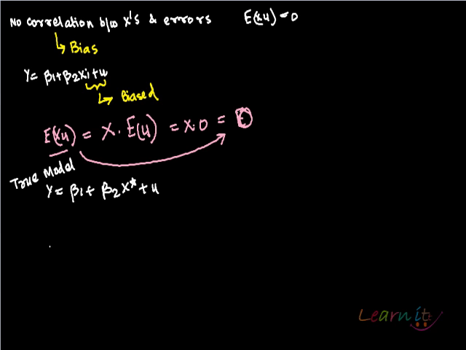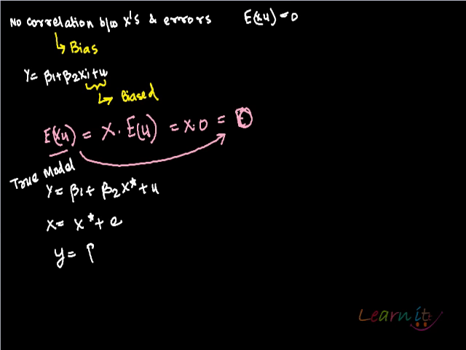Fine, but you're able to observe x only, not x star. And you observe it with some error. And if you estimate using x and not with x star, there is some amount of correlation which is going on here.